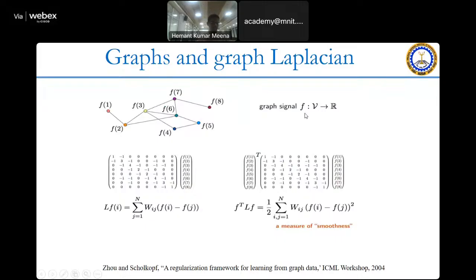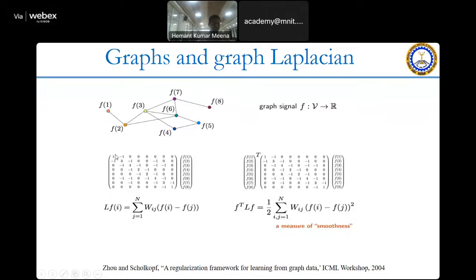So this is F. What do we want to say here? If we take the Laplacian and Fi, it is equal to the sum of Wij times Fi minus Fj. These are some relations which have been obtained.